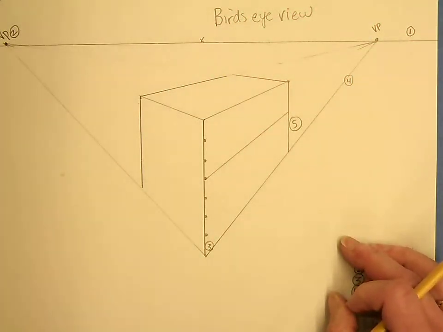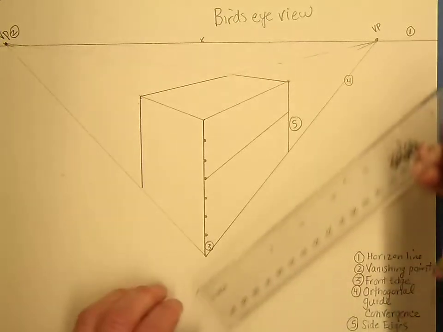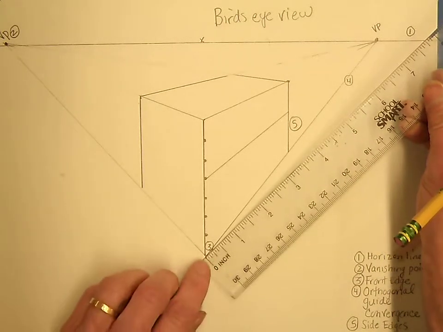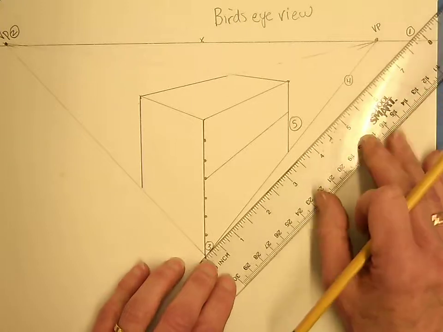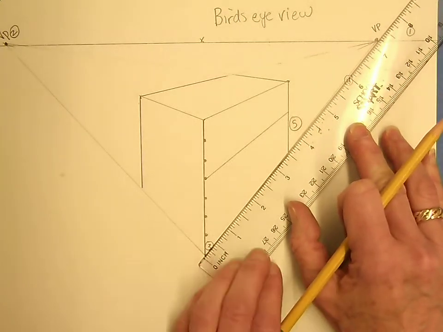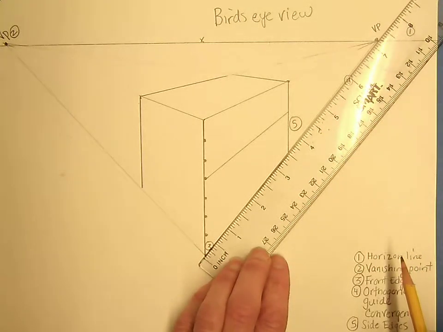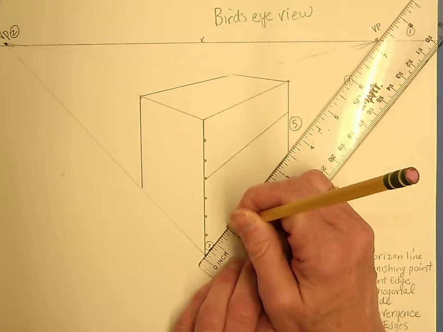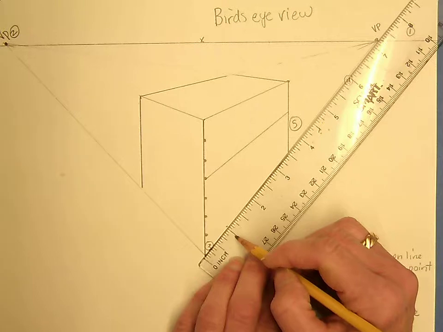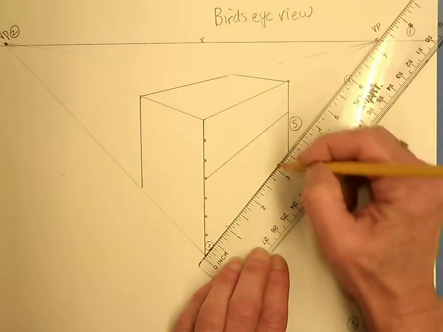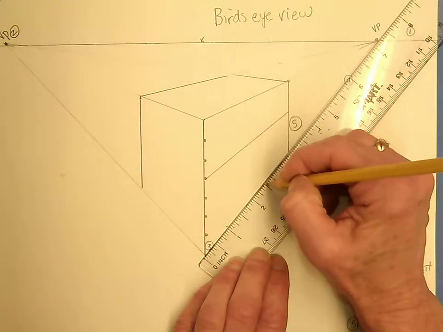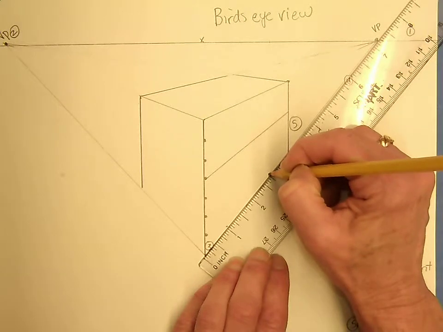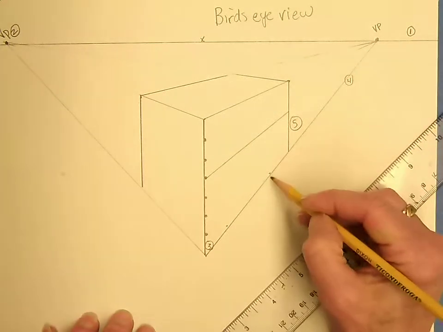Okay, now we're going to put our ruler on the bottom edge with the 0 at the bottom of the front edge, swing it around so that's exactly on the line. We're going to put a dot over here at the 1, and then we're going to put a dot over here at the 2 3/4. Okay.